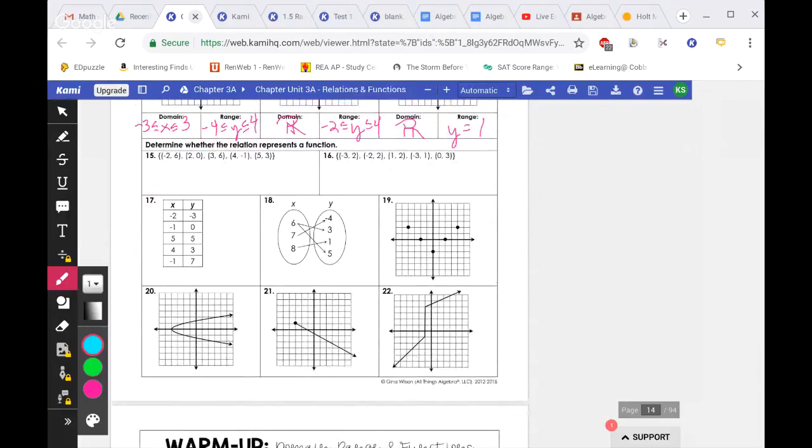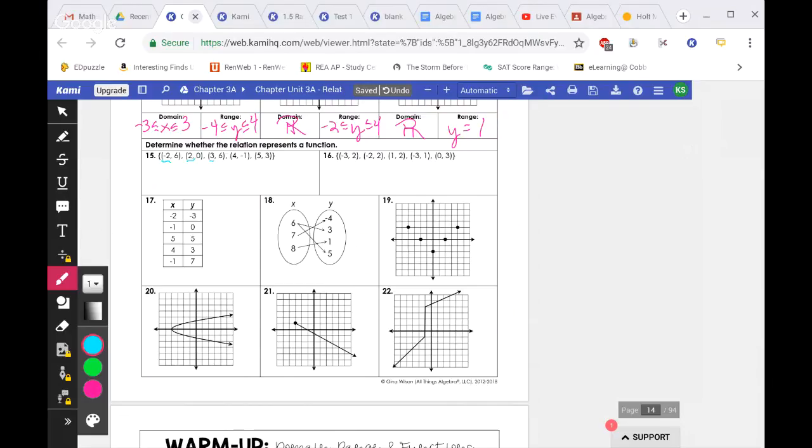Okay. Determine whether the relation represents a function. All right. So what we learned yesterday is the x's cannot repeat in order for it to be a function, because if we were to graph them, it wouldn't pass the vertical line test. So let's go through and check our x values. We have -2, 2, 3, 4, 5.